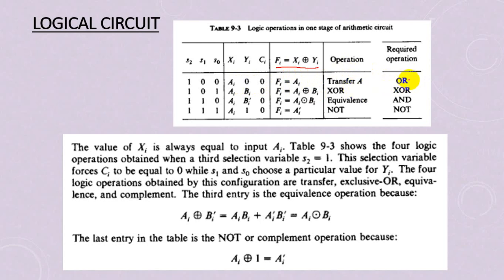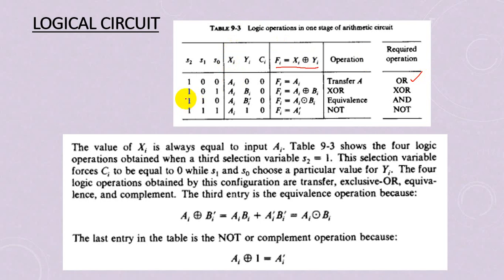We need to modify A to get the OR operation instead of the transfer operation, which is arithmetic. We want to perform a logic operation. Clear? So we'll modify A, that will be X equals modification of A.